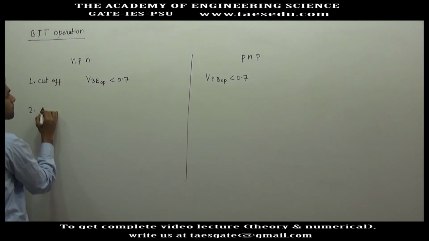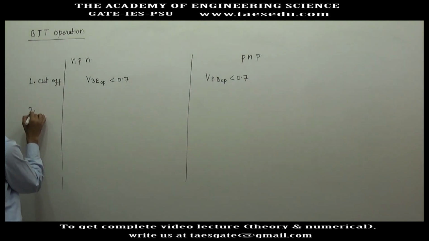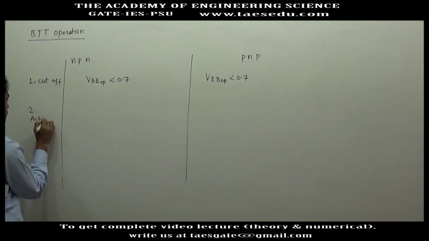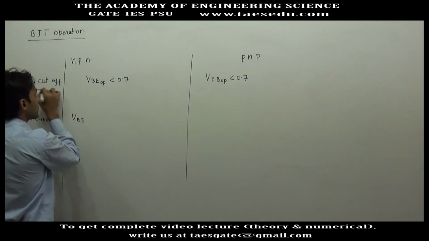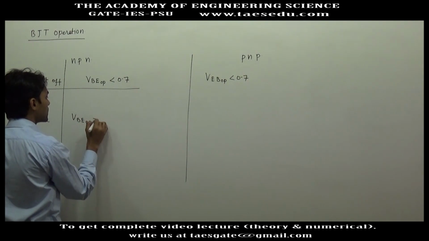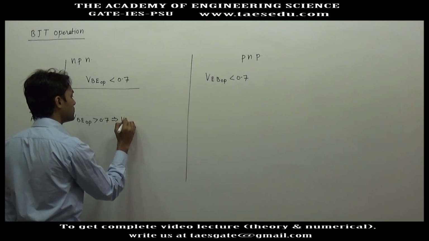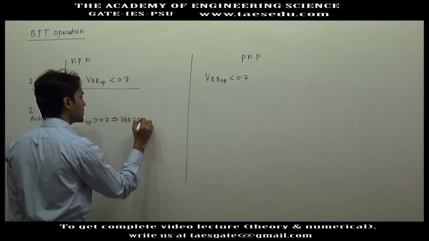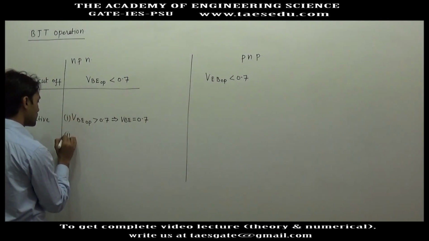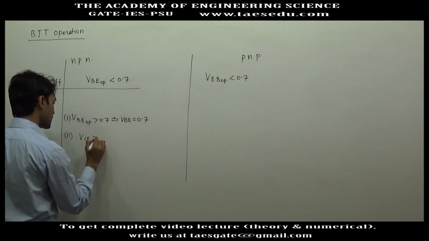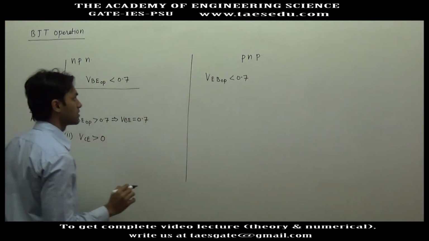For active region, first you will check for cutoff region. VBE open circuited will be greater than 0.7 volt. It means VBE equal to 0.7 volt. This is the first condition, and the second condition is VCE must be greater than 0. This is for active region.